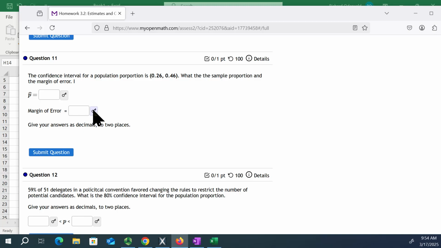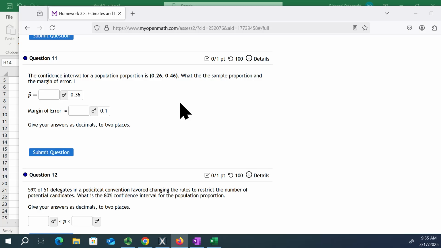The margin of error then is whatever the middle is minus the lower end or the upper end minus the middle. I'm going the same distance up and down. No, it's 0.36, not 0.37. That's 0.72. Divided by 2 is 0.36.